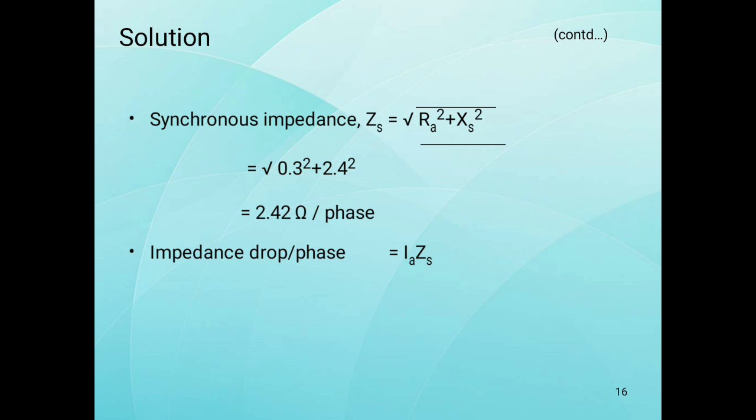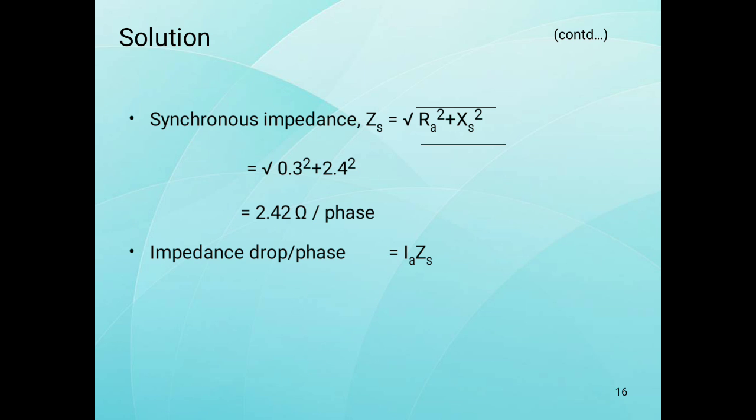Now the impedance drop per phase. The impedance voltage drop per phase is IA ZS. IA is given as 80 and ZS is 2.42. So this current multiplied by the synchronous impedance gives the voltage drop in impedance.